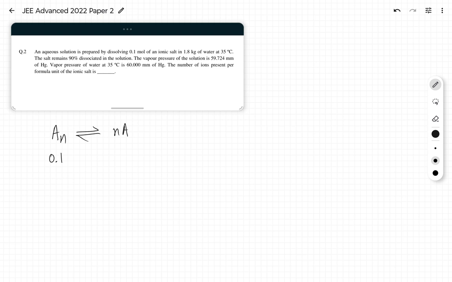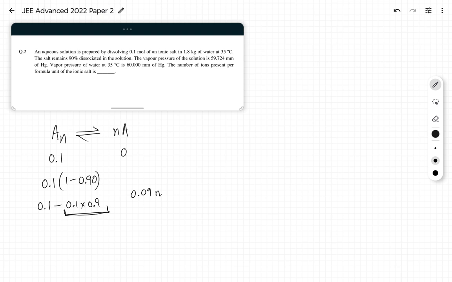So initially the dissociated salt ions are 0, and after dissociation 90% of the salt gets dissociated, which will be equal to 0.1 times 0.9, and this is the number of dissociated moles of ions formed, which will be 0.09 times n, considering the stoichiometry.